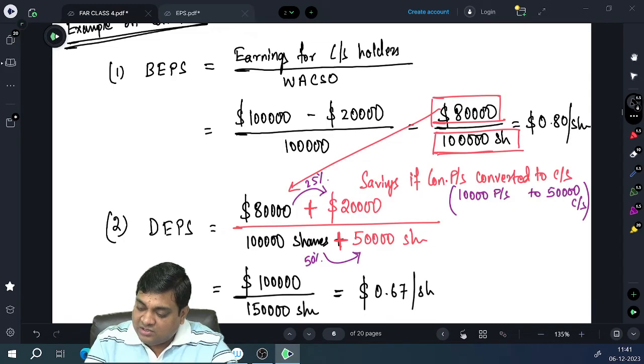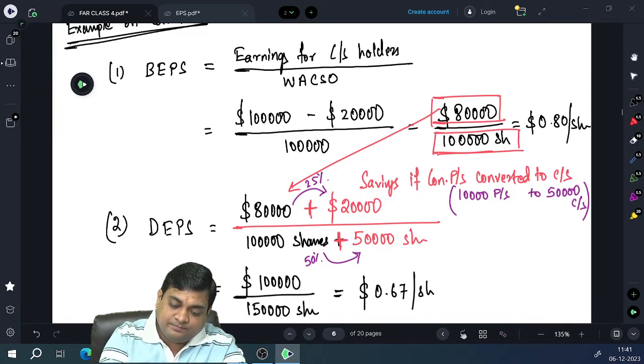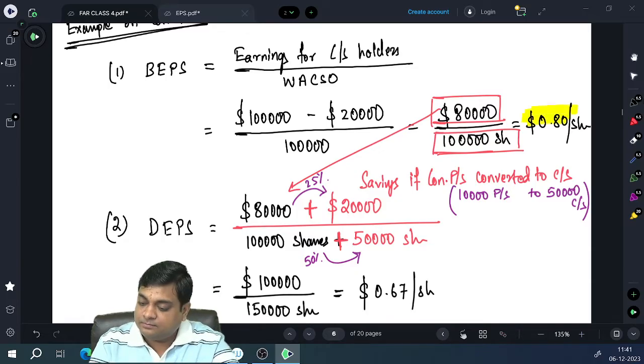So earning per share has diluted. This is the basic earning per share, and this one is diluted earning per share.